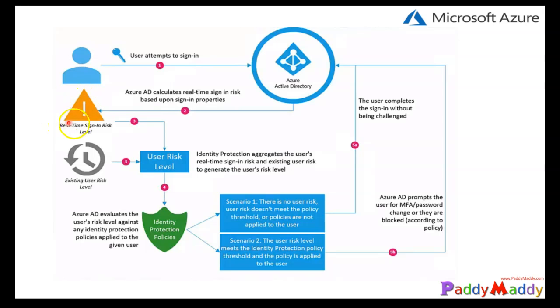And then the real-time sign-in risk level will be assessed, and this is a sign-in risk. Now this is a user risk. So this sign-in risk will be calculated against the user risk also. Then it will check for any existing user-level risk.